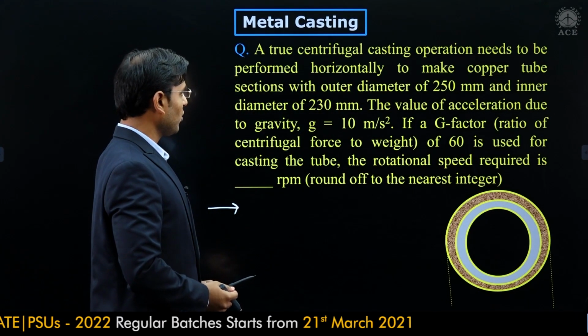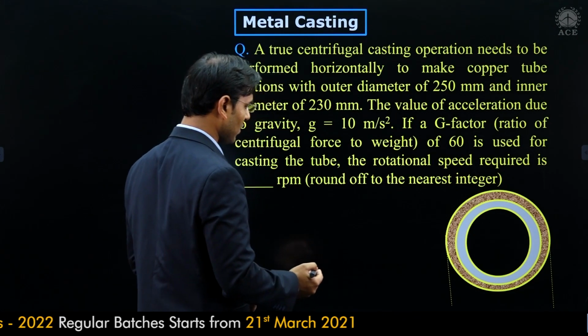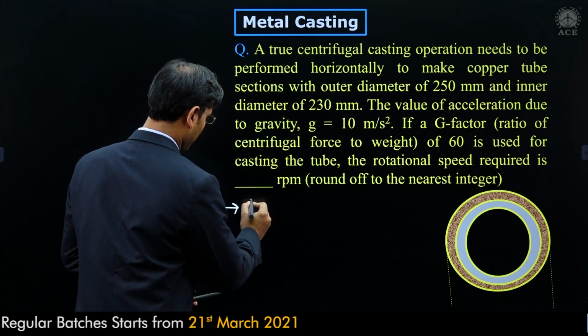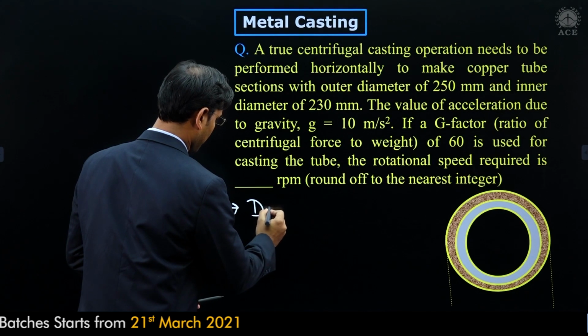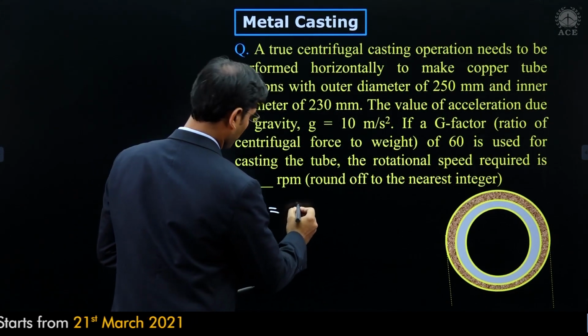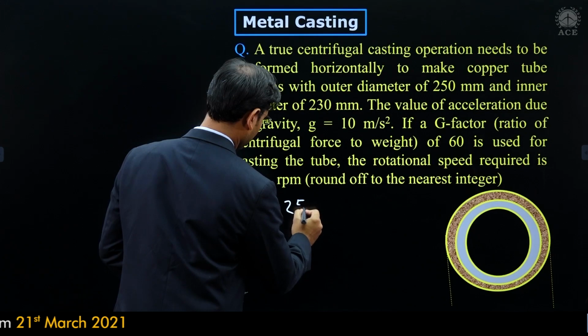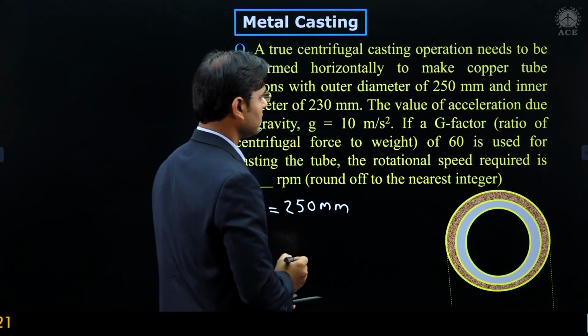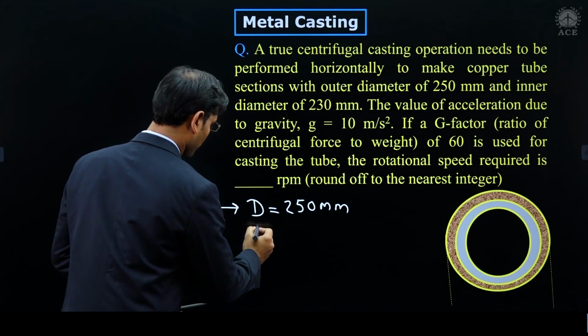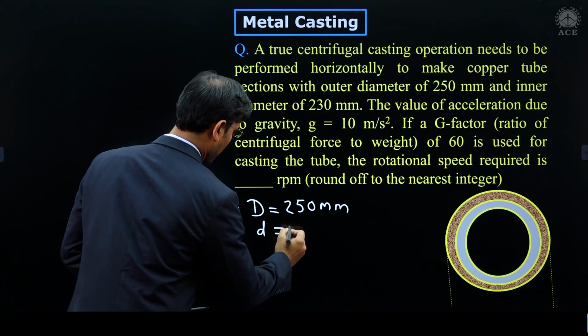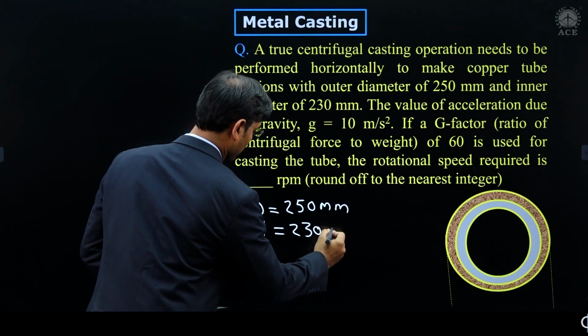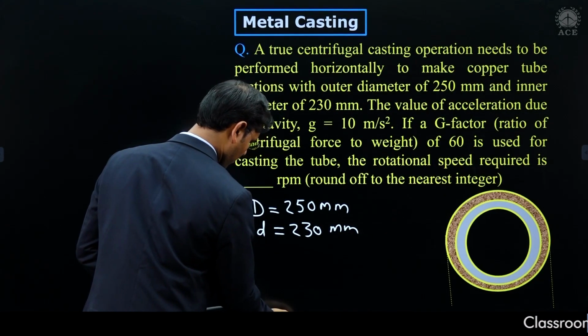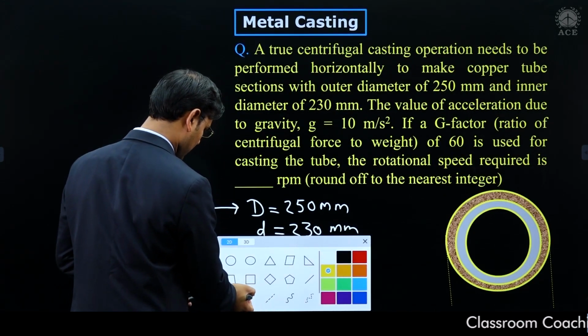To make the copper tube section, you can see the outer diameter of the copper tube is given, that I am writing, that diameter is 250 millimeter, and inner diameter of 230 millimeter. I want to show you in the diagram the outer and inner diameter.